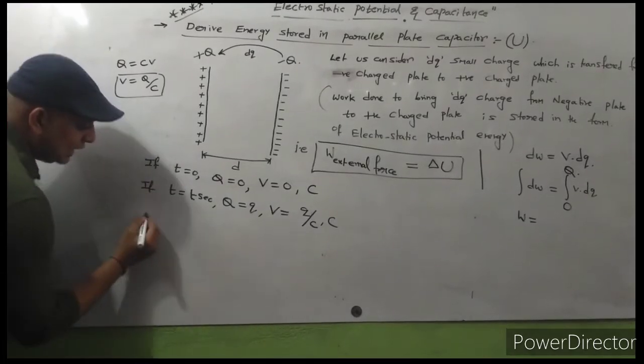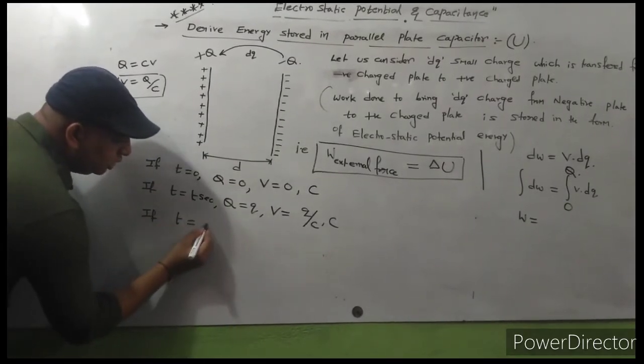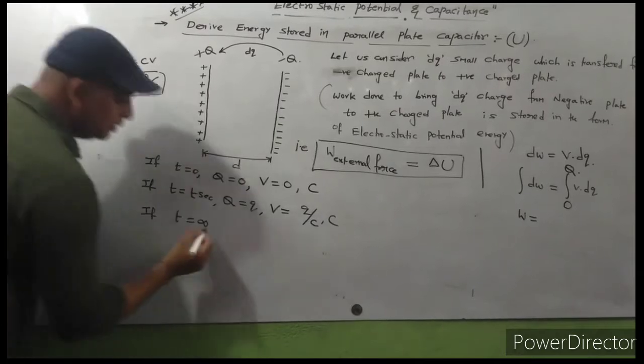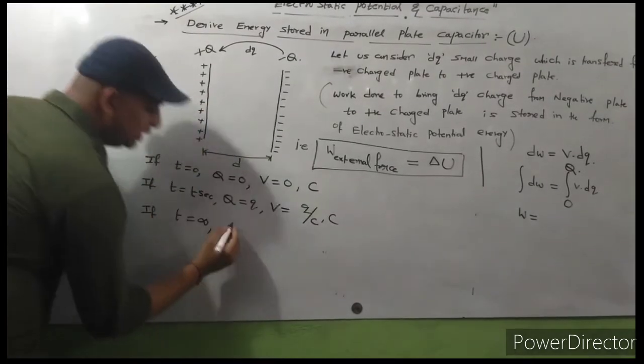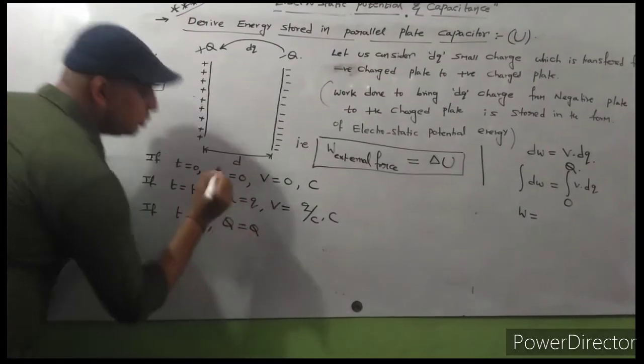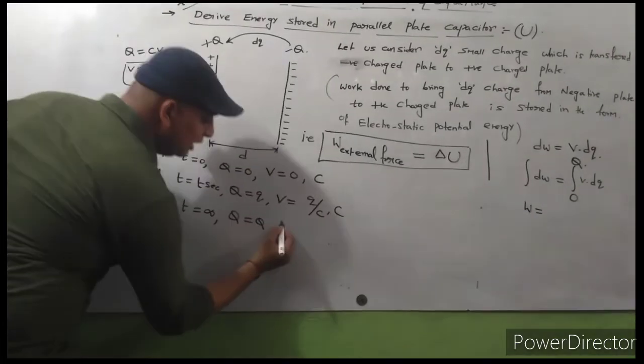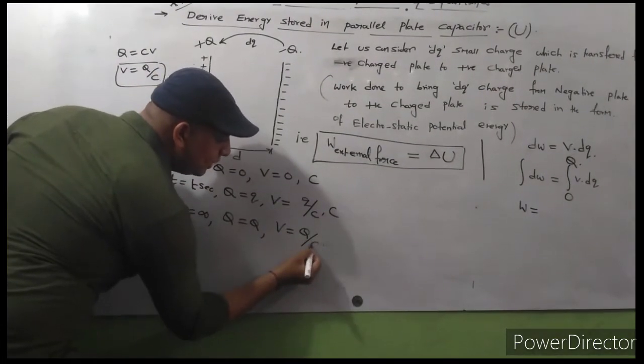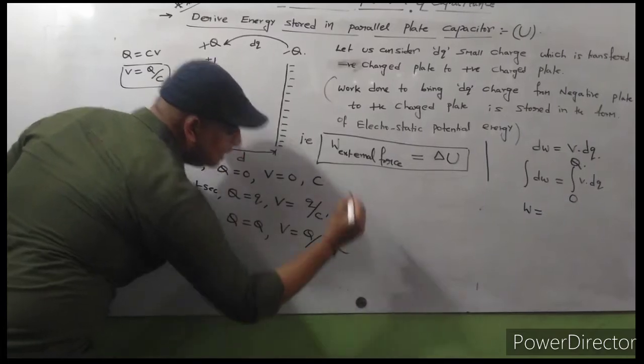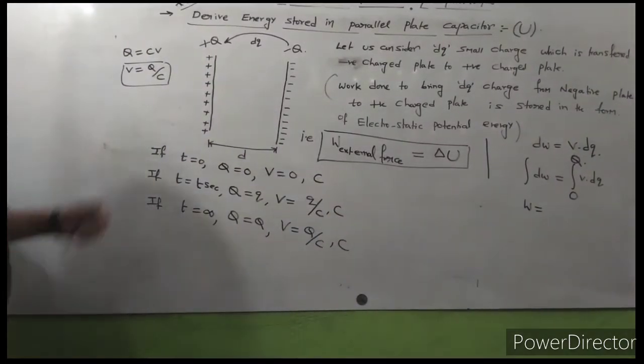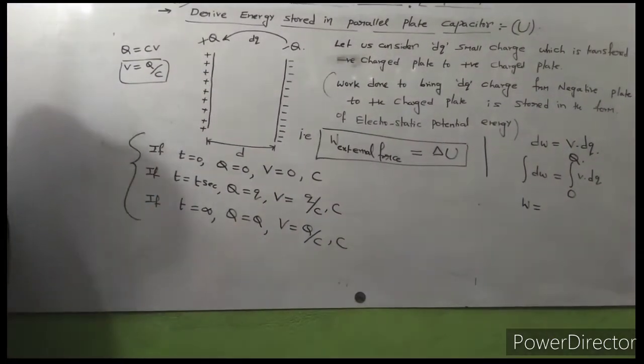Next, if time t is equal to infinity, then the total charge is transferred. That means capital Q is equal to small q, and V becomes capital Q by C, and here also capacitance is C only. All of you understood these 3 points? These are very important.